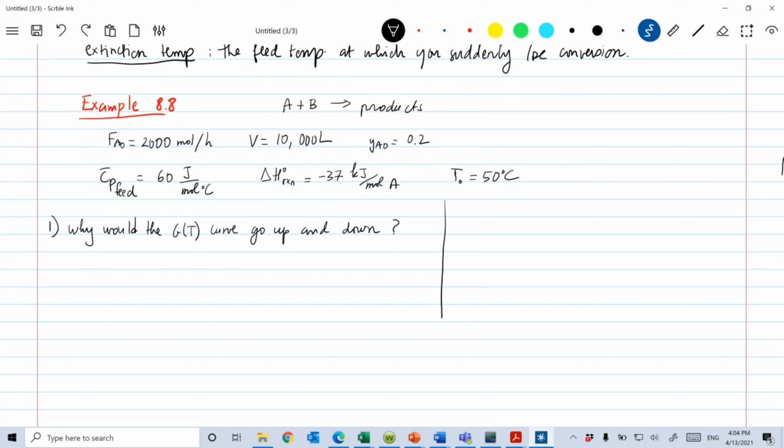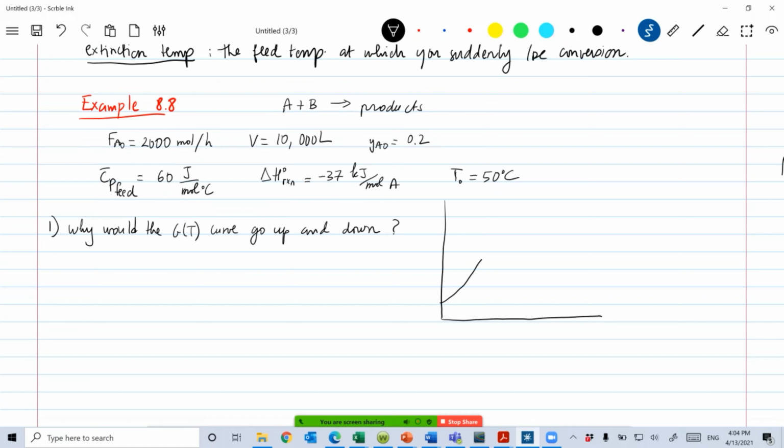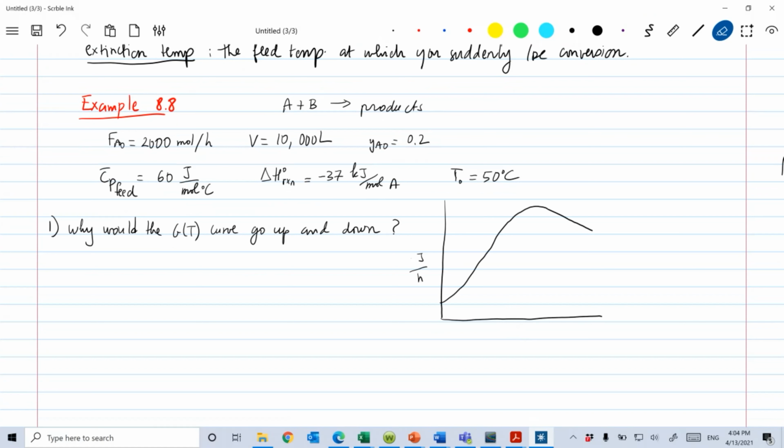Let's say the G of T curve looks like this, where it starts, goes up and then goes down. It gives you some units, megajoules per hour, and this is temperature, in Kelvin.